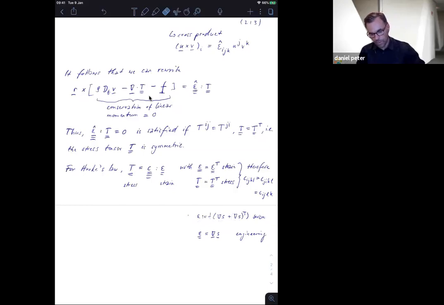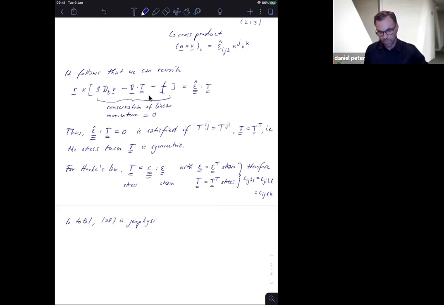Let me erase it and write down our conservation laws, because now basically we have the 4 conservation laws that we set out at the beginning we want to look at. So in total, almost all in geophysics can be described by these 4 conservation laws.